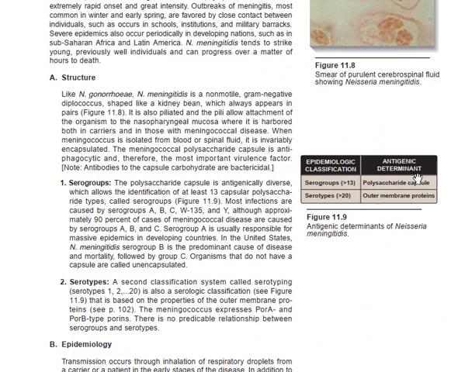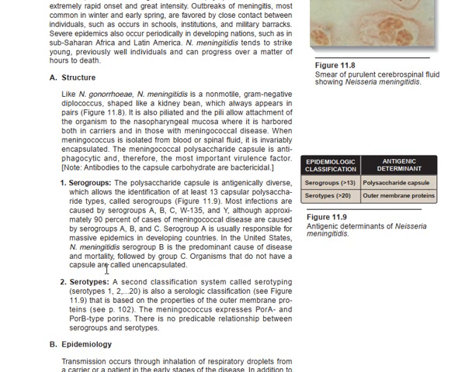While for antigenic determinants, the two main antigenic determinants of Neisseria meningitidis are the polysaccharide capsule and the outer membrane protein. Those are the two main antigenic determinants. The virulence factors are the polysaccharide capsules and the outer membrane proteins.